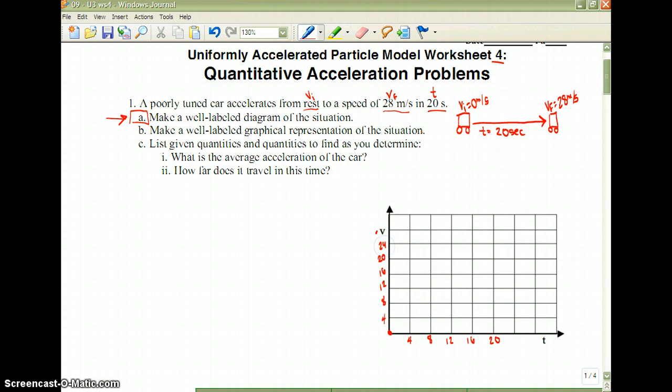At 20 seconds, he should be going 28 meters per second. Then all we're going to do is draw a straight line between those two points. A nice straight line would be our well-labeled graphical representation of the situation.